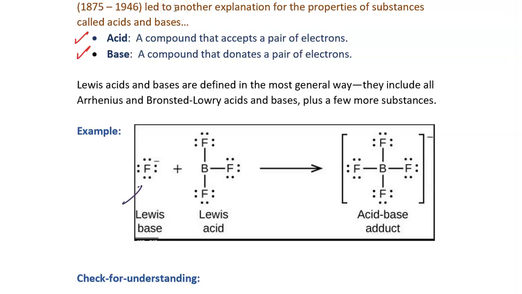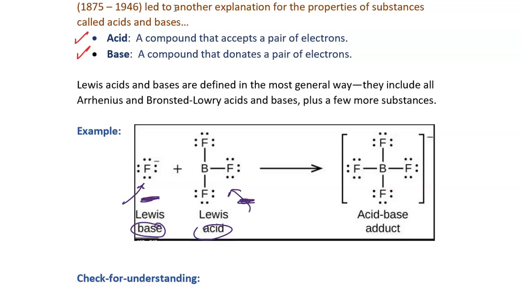The fluorine negative ion is called a base, according to Lewis, so it's called a Lewis base. And the boron trifluoride is called an acid, according to Lewis, so therefore a Lewis acid. These combine together to make BF4 negative. You'll notice on the right side of the arrow, there's obviously nothing to do with hydrogen or anything over there.